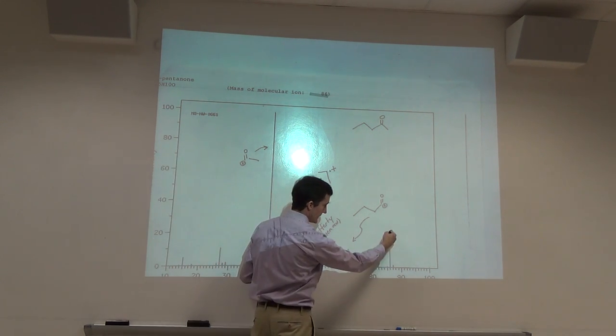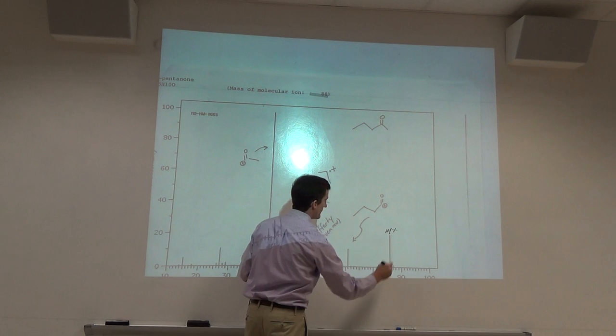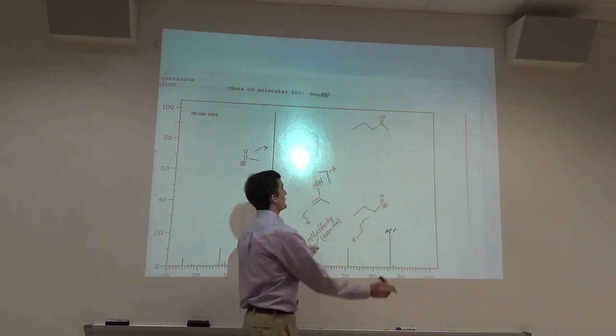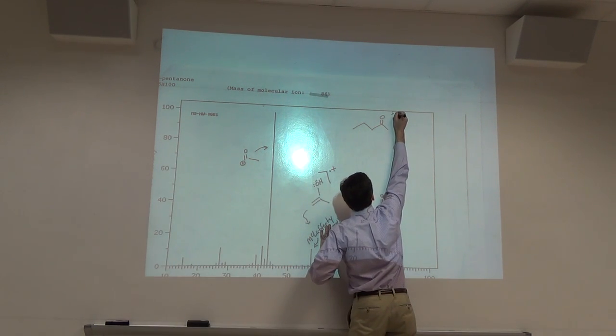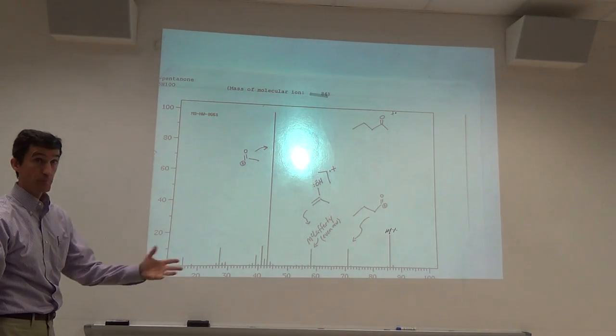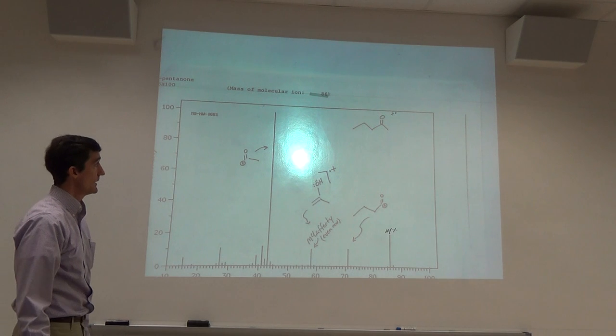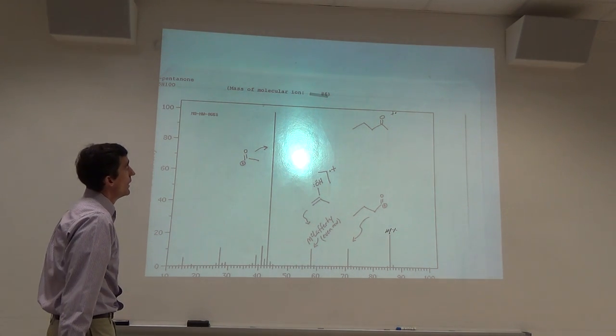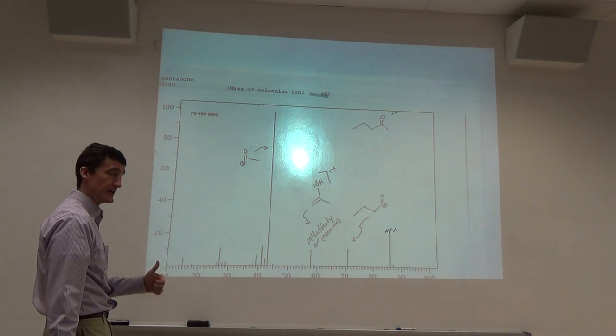And there's an 86 right there. Okay, if this radical cation, which is formed in the first part of the mass spec, then cleaves, it will give a radical and a cation.